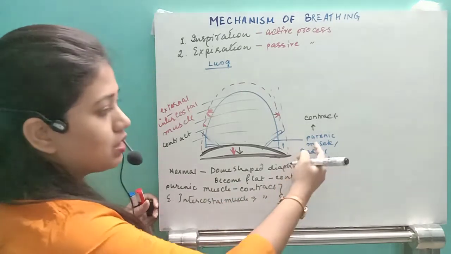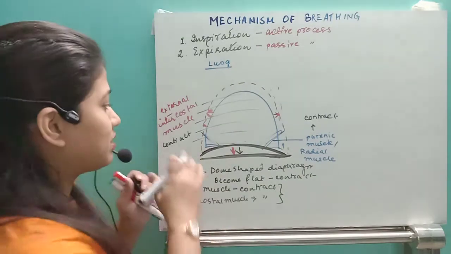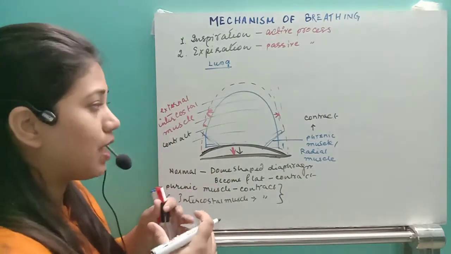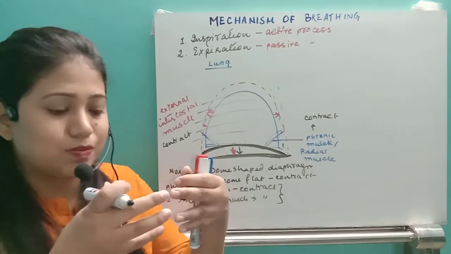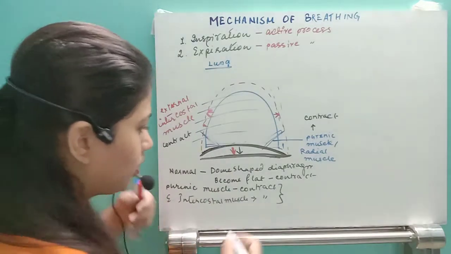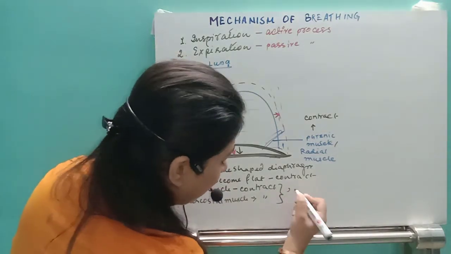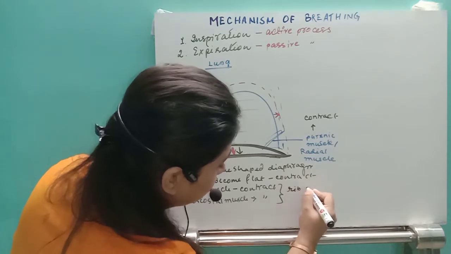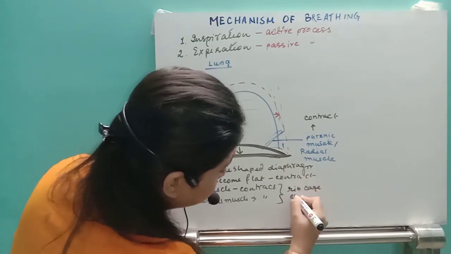Whenever the phrenic muscle and the external intercostal muscle contract, the rib cage will elevate and expand. That helps the rib cage to expand.